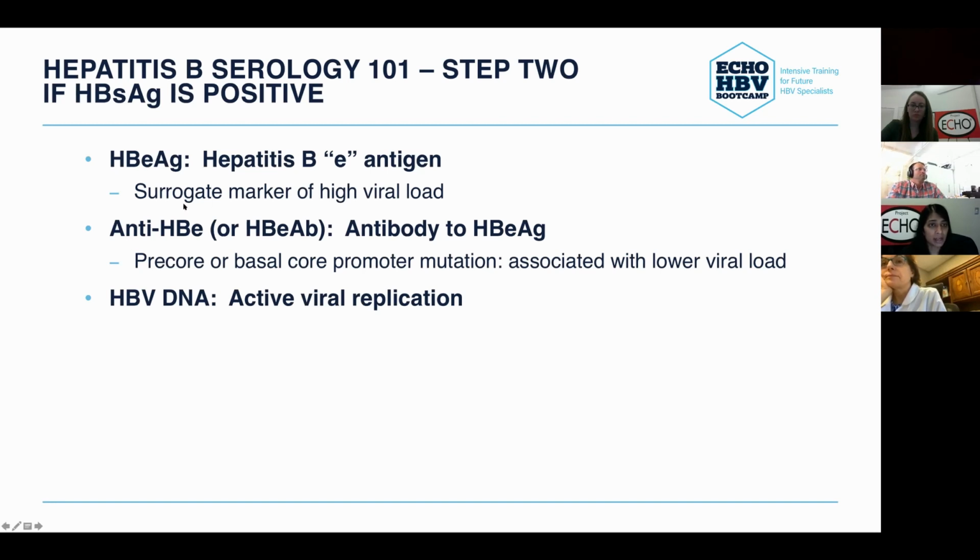We'll be talking in the next session, module 4, about how you take all of these test results and translate them into a management or action plan for your patient. So again, step 1, screening test. If your surface antigen is positive, you want to be sure you check these additional serologies as your step 2: the E antigen, the E antibody, and your Hep B DNA PCR viral load.